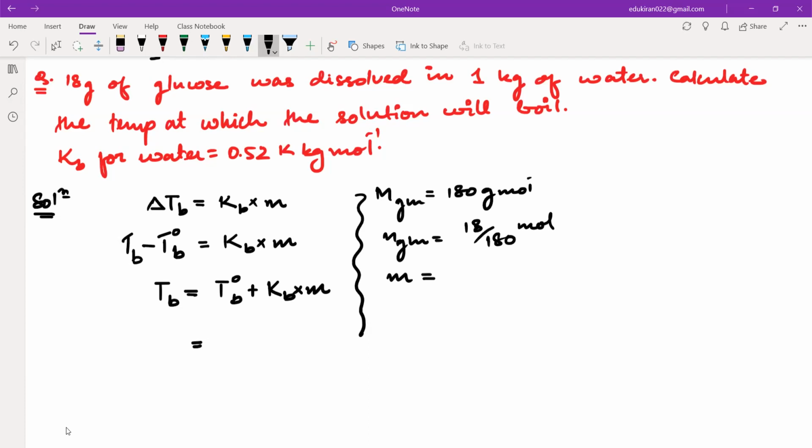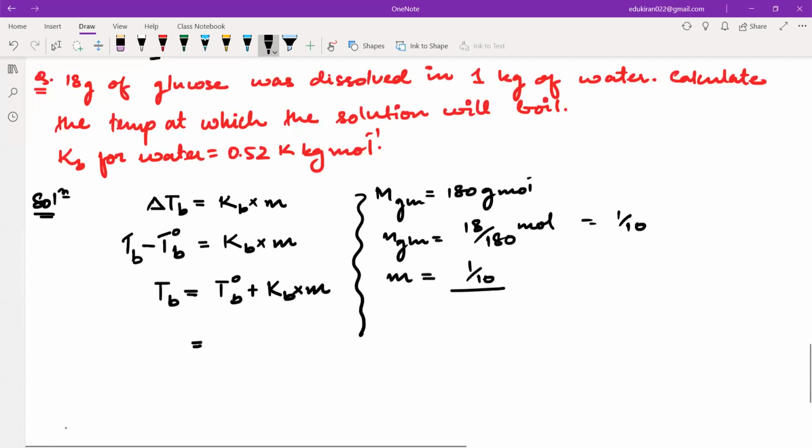So molality will be equal to how much? Number of moles of glucose is 1 upon 10. So this will be 1 upon 10 upon 1 kg of water. What is the formula for molality?